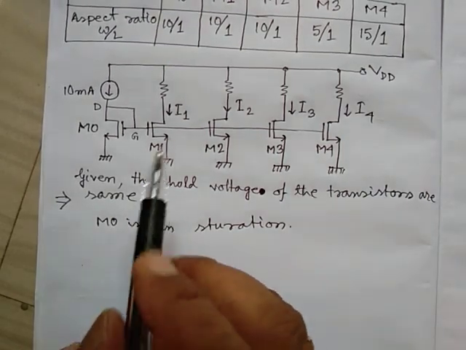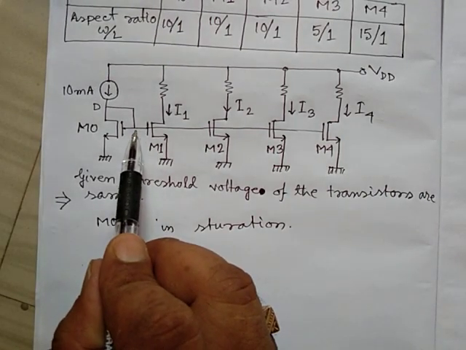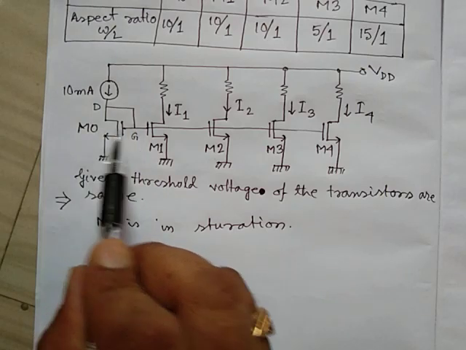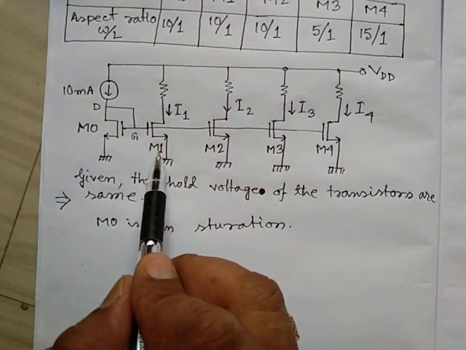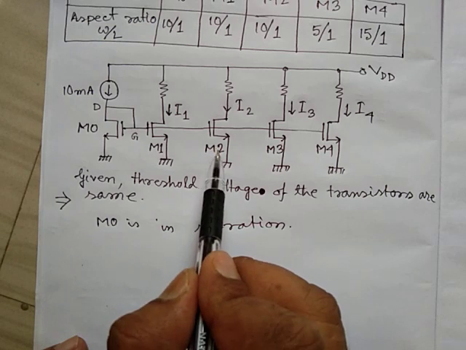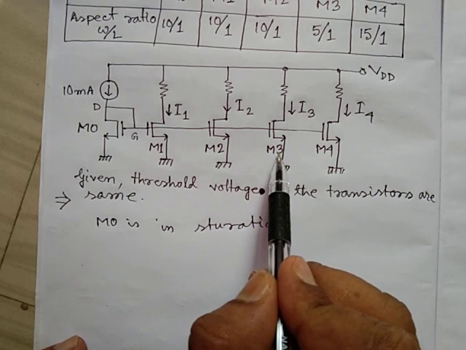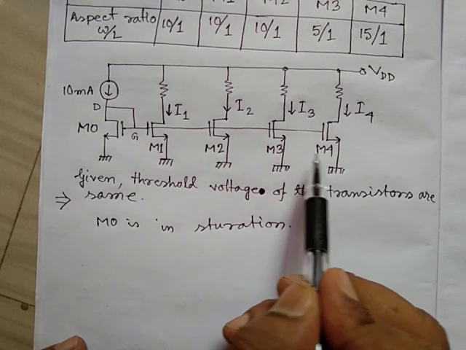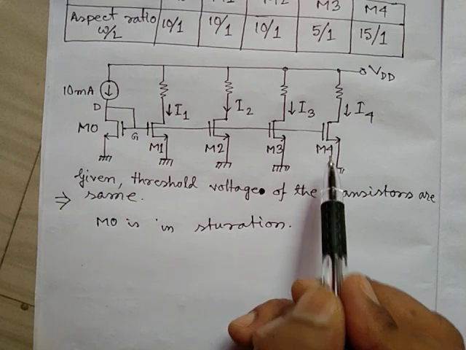You can see that the gate terminal of M0 is connected to the M1 transistor, also connected to the M2 terminal, also to the M3 terminal, and also to the M4 terminal.